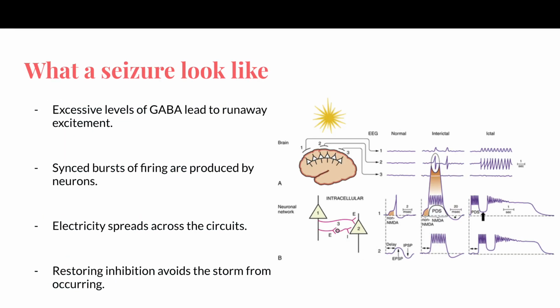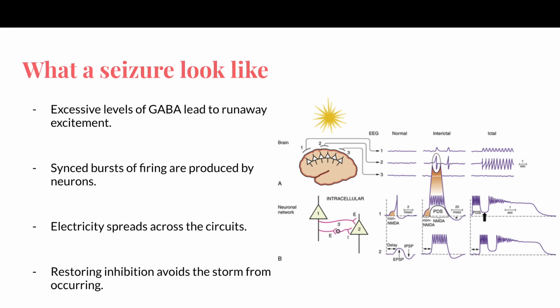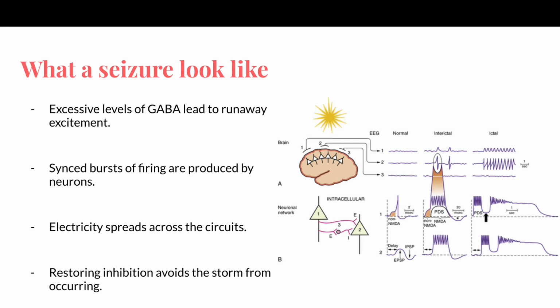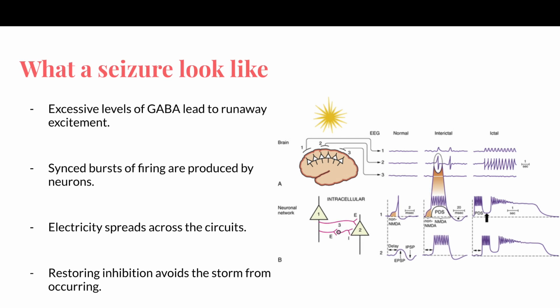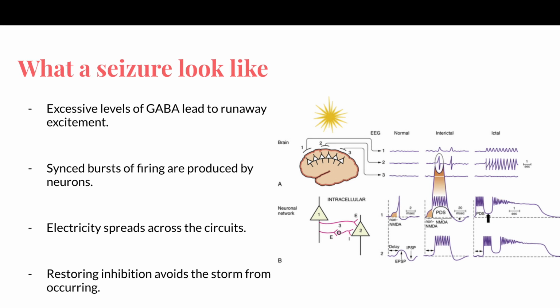Now moving on to my next slide on what a seizure actually looks like. The diagram I chose for this slide shows how a seizure spreads. On the left, the EEG is normal, but in the middle, you see the big spike. That is where one neuron starts the quote-unquote stadium wave. The inhibitory signal, which GABA should control, is too weak or delayed, and that's what we see in the intracellular traces underneath.